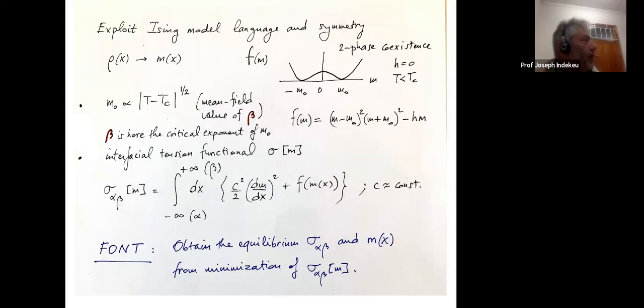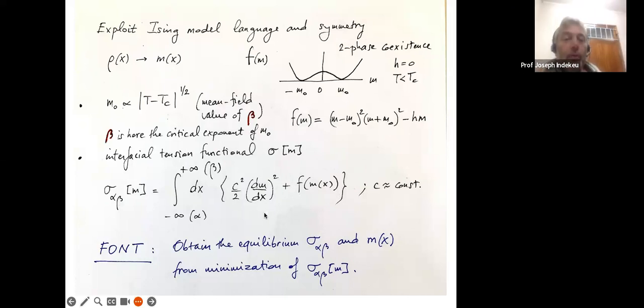So that is not counted in the interfacial tension. So the second term is the difference of f with respect to its value in the two minima, which I have silently set to 0.